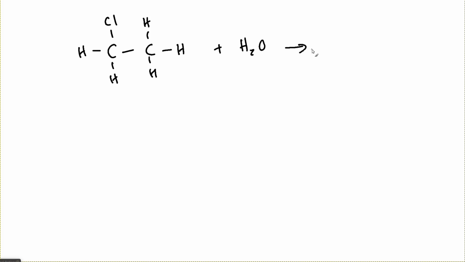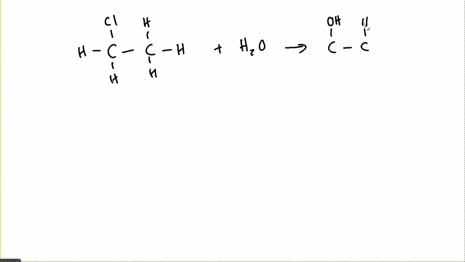So what about the chemical reactions then of halogenoalkanes? Well, the first thing here is that they will react with nucleophiles. They will react, for example, if we put up a halogenoalkane here, let's go for chloroethane, with water molecules, and they will react with water to form an alcohol.